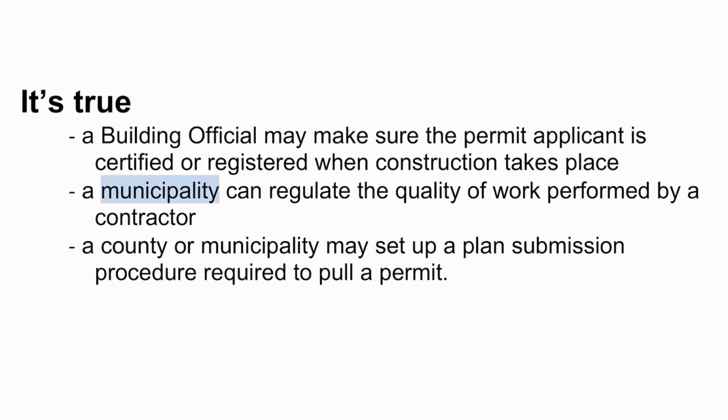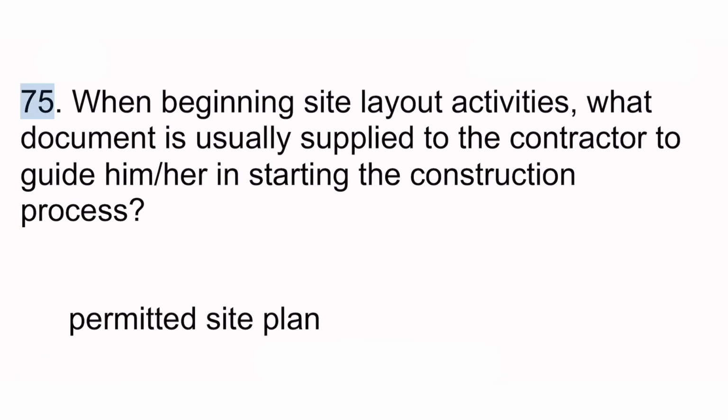A municipality can regulate the quality of work performed by a contractor. A county or municipality may set up a plan submission procedure required to pull a permit. 75. When beginning site layout activities, what document is usually supplied to the contractor to guide him/her in starting the construction process? Permitted site plan.